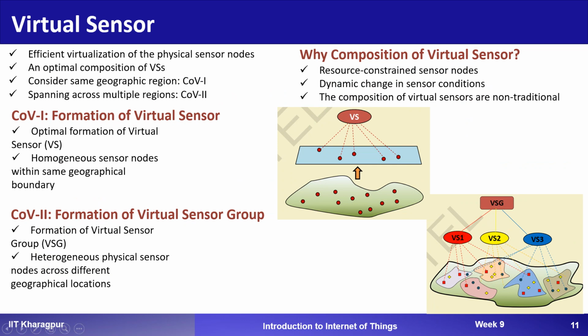So the first one is the formation of virtual sensor. So optimal formation of virtual sensor can be either homogeneous from the same geographical boundary, or it can be heterogeneous from different geographical locations.